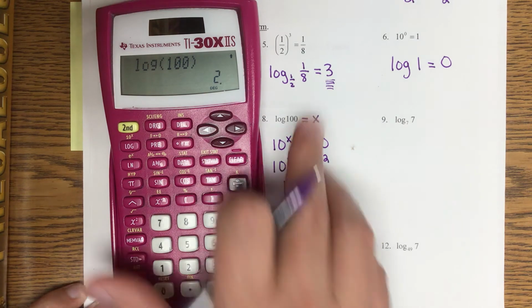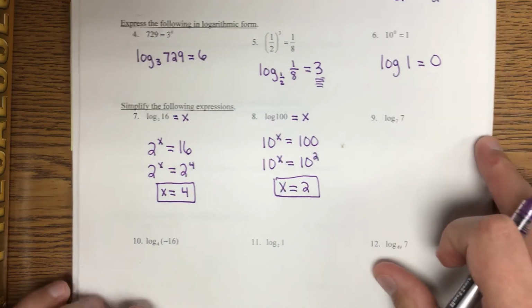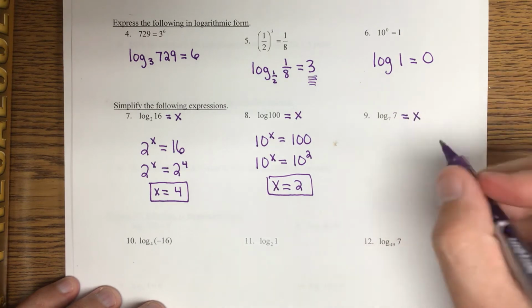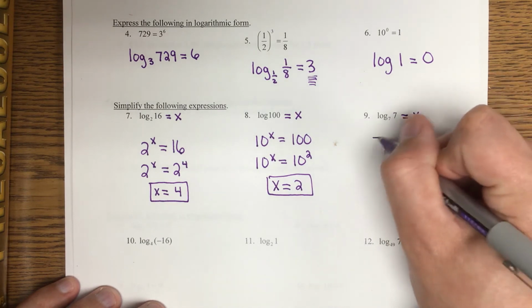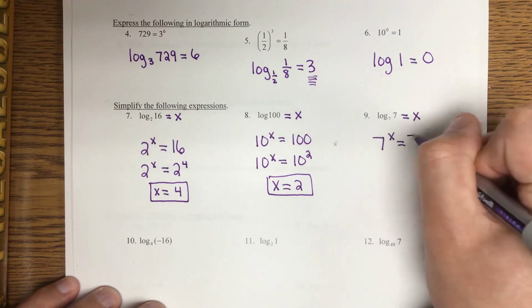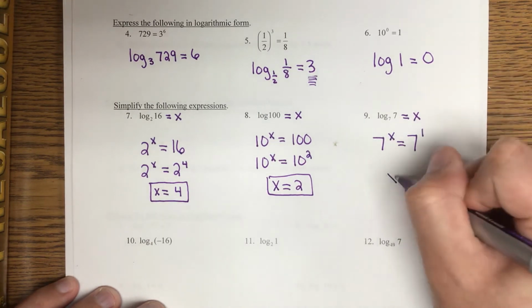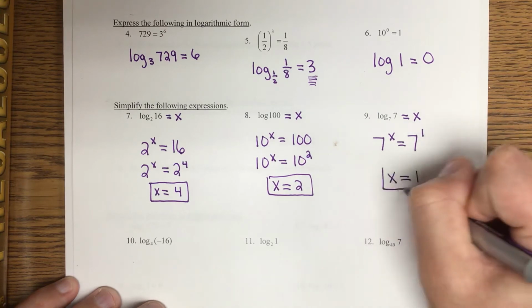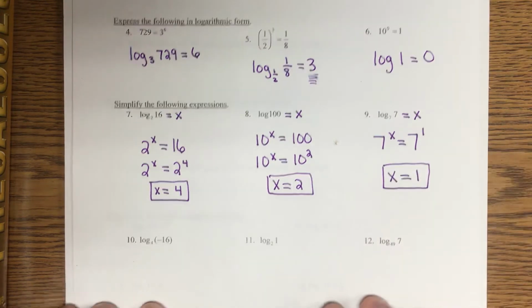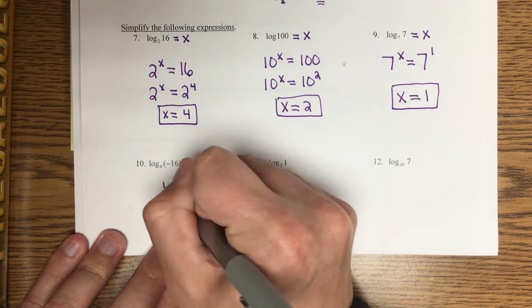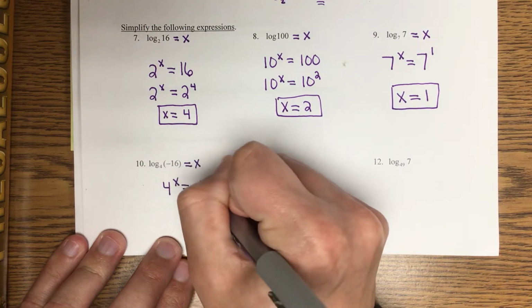For problem number 9, I want to know what is log base 7 of 7. So here the base is 7. I want to know what power on 7 changes it to 7. Well, it doesn't change, so that means that x is just 1. For problem number 10, I want to know what power on 4 gives me back negative 16.